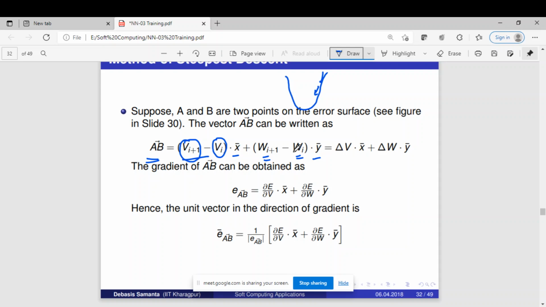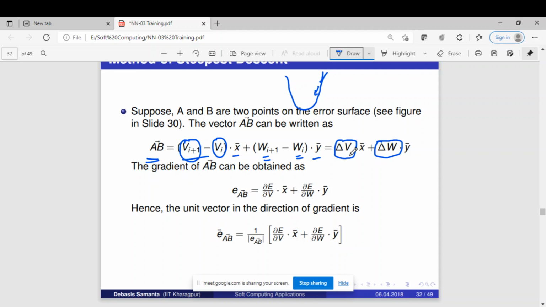So the change is not only in the x part, it is also happening in the y part, so we are representing it in two ways. The change in x is vi plus 1 minus vi, and the change in y is wi plus 1 minus wi. This entire thing, vi plus 1 minus vi, can simply be called del v, which is the change in the v part, and similarly this can be represented as del w, the change in the w part.